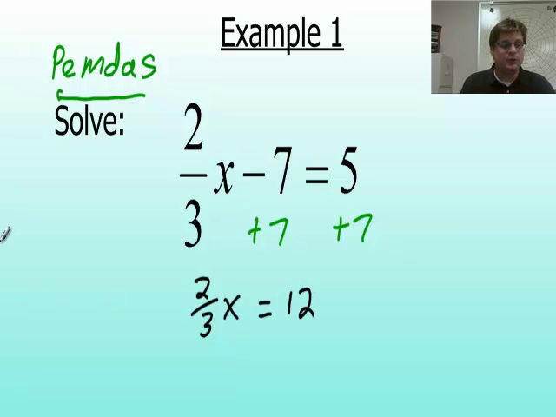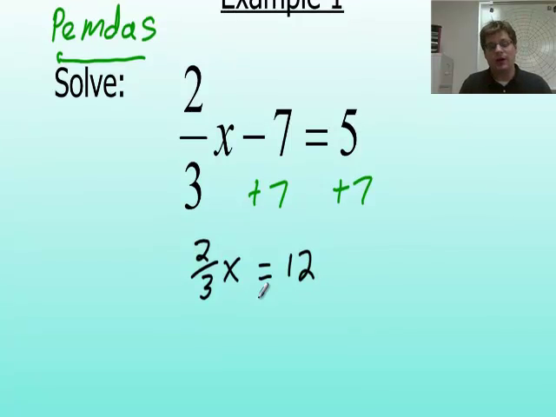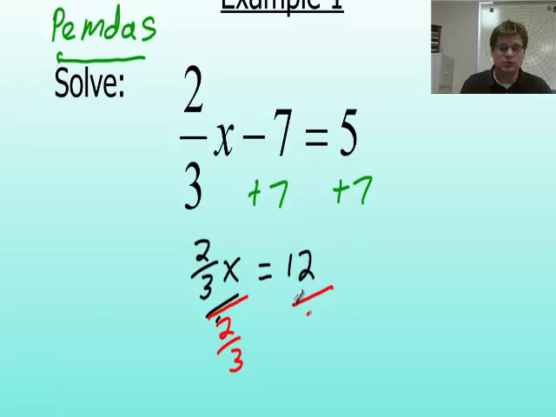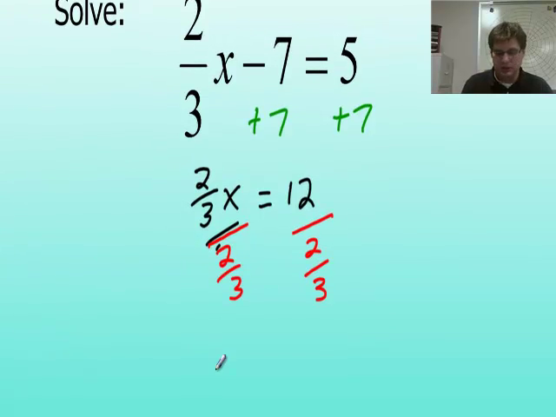Now we need to get rid of the 2/3 x, or rather just the 2/3. We're multiplying by it, so we want to do the opposite and divide by 2/3. I'm going to do it to the left side, and remember, what you do to one side, you do to the other side of an equation.